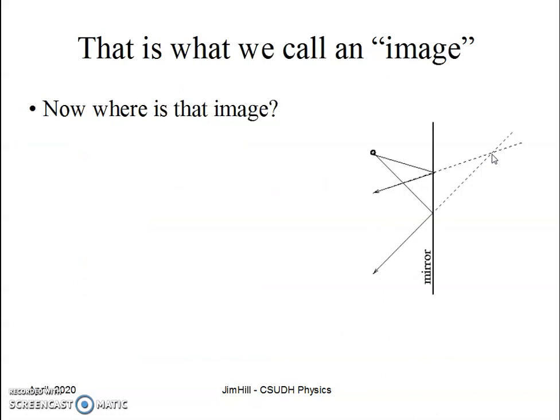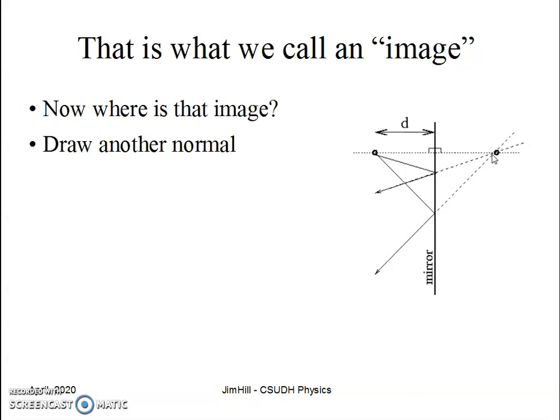Now, depending on the course you're in, and in fact for this course, probably in lecture you're going to go through and do some math with some triangles and base this on drawing another normal to the surface from the object through the surface, and you'll find that that passes through the image that you've just drawn.